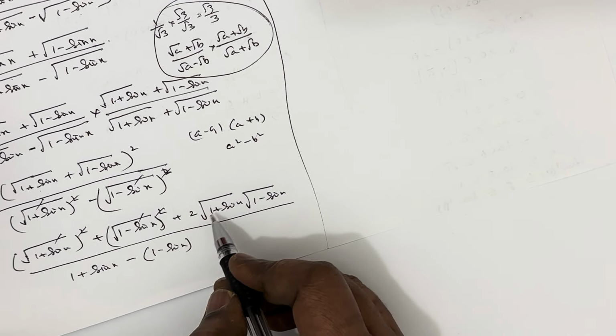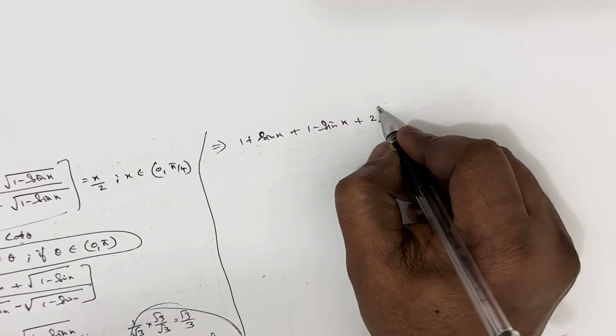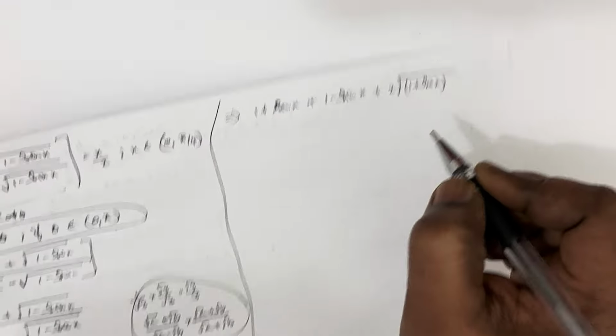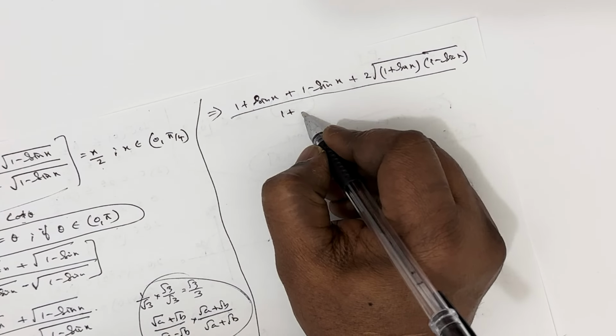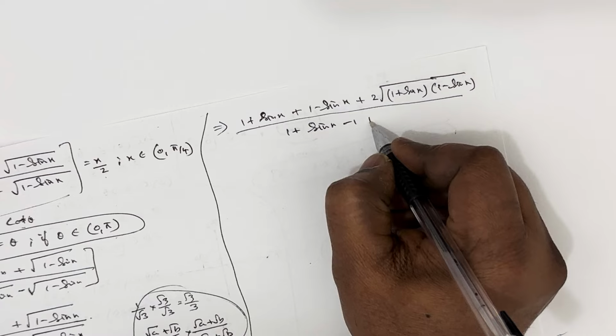Now this can be taken in a single square root, root of 1 plus sin x multiplied by 1 minus sin x, whole divided by 1 plus sin x minus 1 plus sin x.